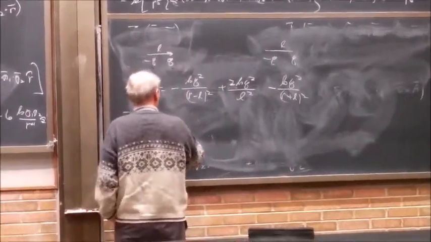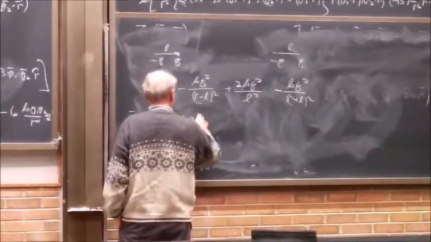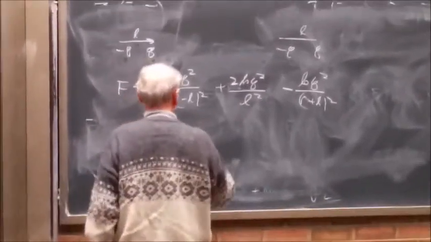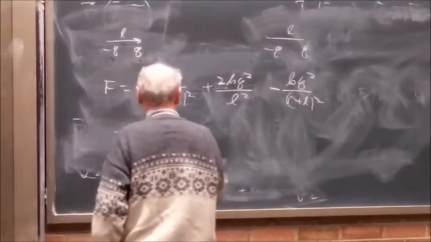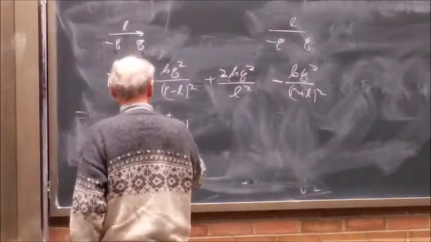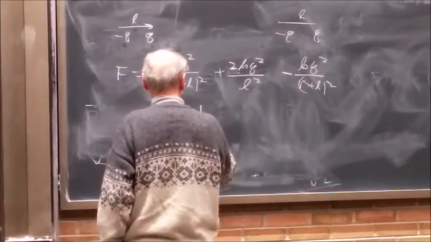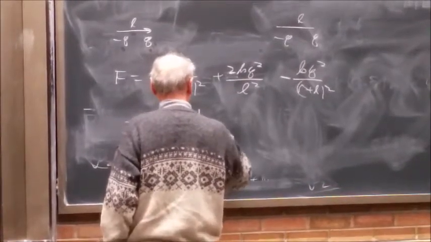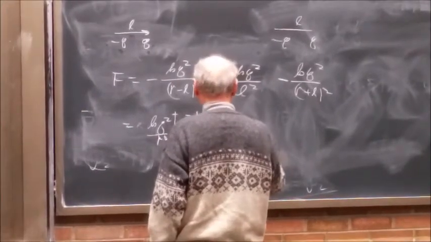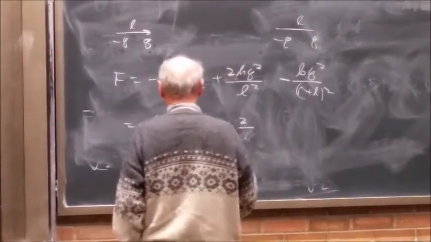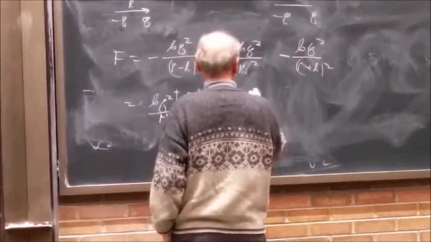Okay, so it is kq squared times minus. Now, factor an R out of this thing. And so I'm going to put an R squared down here. And I'll have minus 1 over 1 minus L over R squared plus 2. I factored the R squared out.